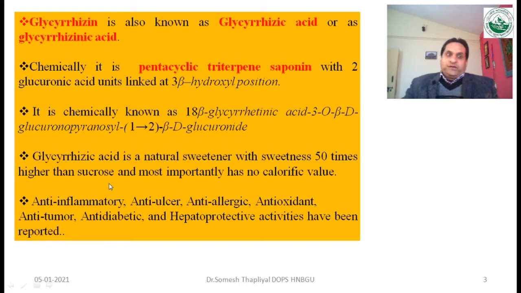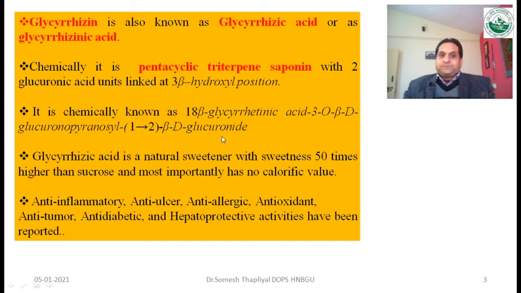And the most important point about glycyrrhizin is that it has no caloric value. Talking about the pharmacological activities reported for licorice because of this compound: anti-inflammatory, anti-ulcer, anti-allergic, antioxidant, anti-tumor, anti-diabetic and hepatoprotective activities have been reported.